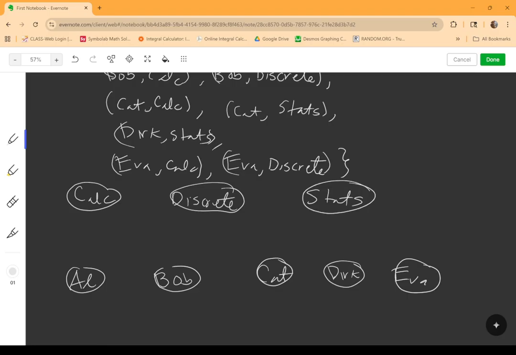Okay, so here looking at our relation up top, Al is in calc and in stats. Bob is in calculus, and he is also in discrete. And then Cat is in calculus, and she is also in statistics. And Dirk is in statistics.